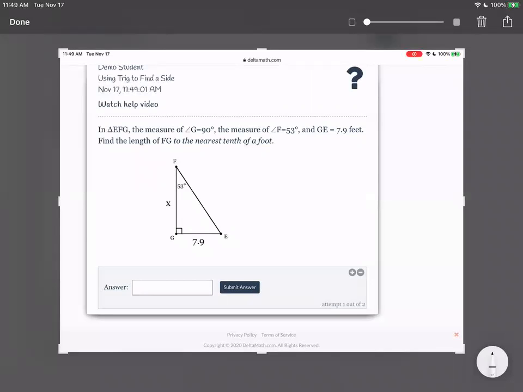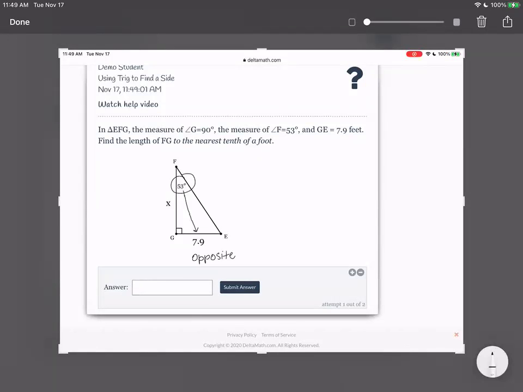So we are given this as our reference angle. And then let's figure it out. What is the side that's directly across from our reference angle? 7.9. Yes, but what would that be? Opposite, adjacent, or hypotenuse? Across from our reference angle. Opposite, yes.